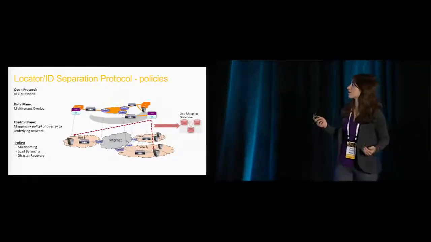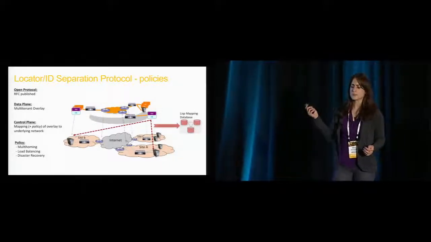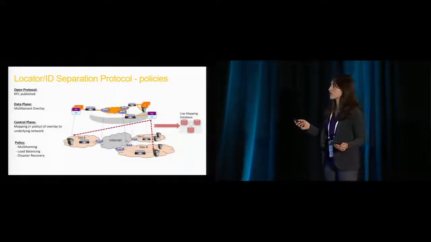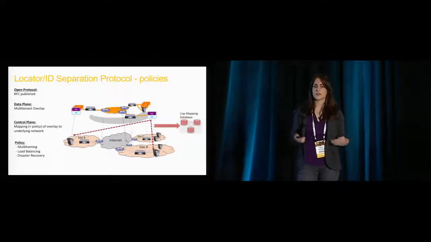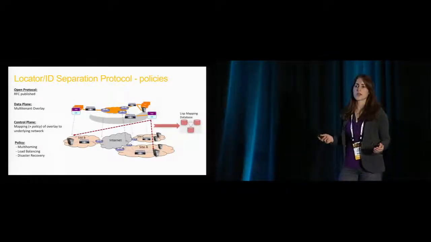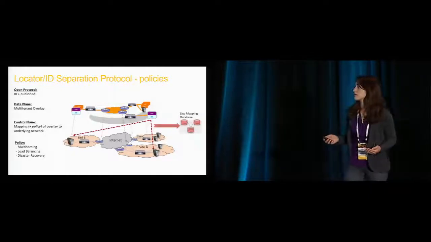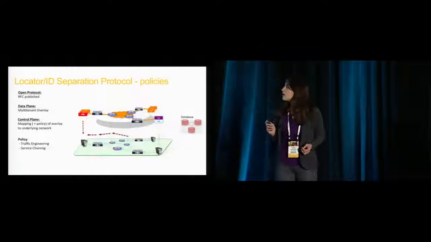For instance, you can have your host identity mapped to multiple locations, so you'll have multiple RLOCs for it. And then you can have priorities and weights to enforce how you want that host to be reached. So you can give priority to one location over the other, or you can split the traffic or the load over the two locations, using them both.